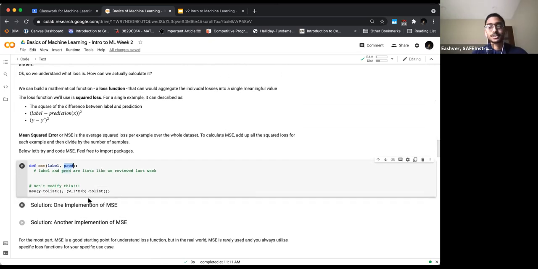I put solutions, don't look at those yet. If they're already open, close them. You can do this in one line, but for how we know it, it'll probably take like 5 lines, maybe.